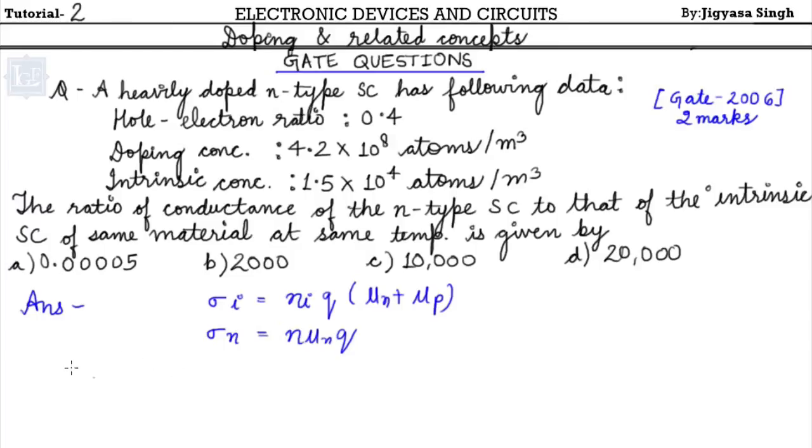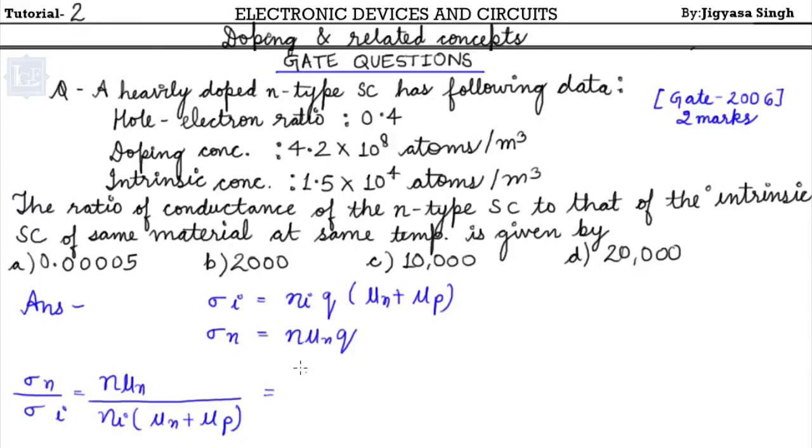So we have to take the ratio, into Ni. I'm just cancelling the q's. This will be mu n plus mu p.